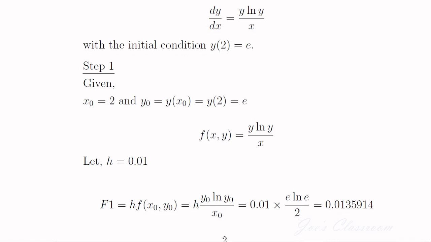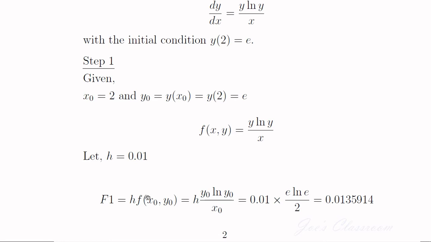The formula for f1 is h into f of x naught, y naught. That means the value of h multiplied by the function f evaluated at x naught, y naught. So take that function, substitute x is equal to x naught and y is equal to y naught, and you get f of x naught, y naught.